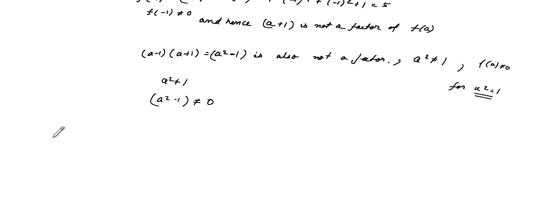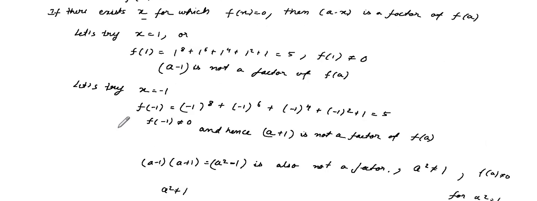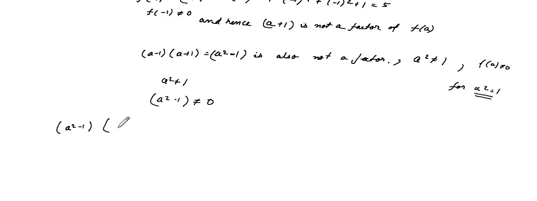So let's do one thing. Let's multiply this a square minus 1 with the whole expression that we have, a to the power 8 plus a to the power 6 plus a to the power 4 plus a square plus 1 is equal to 0.